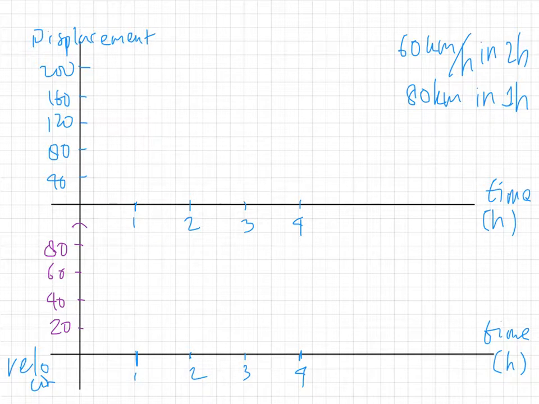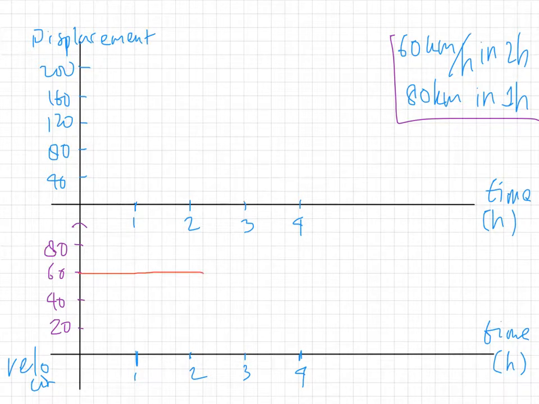For example, we have 60 kilometers an hour in 2 hours. If we try to draw the graph, let's say I use the red color. It's 60 kilometers per hour in 2 hours, which means it goes constantly, always 60, for 2 hours.